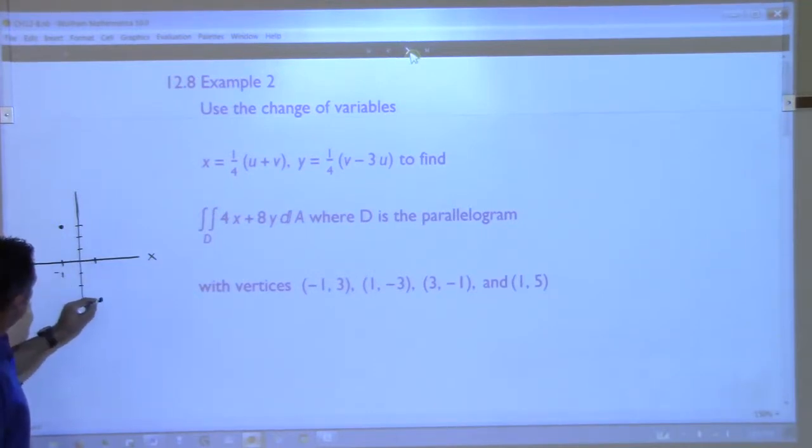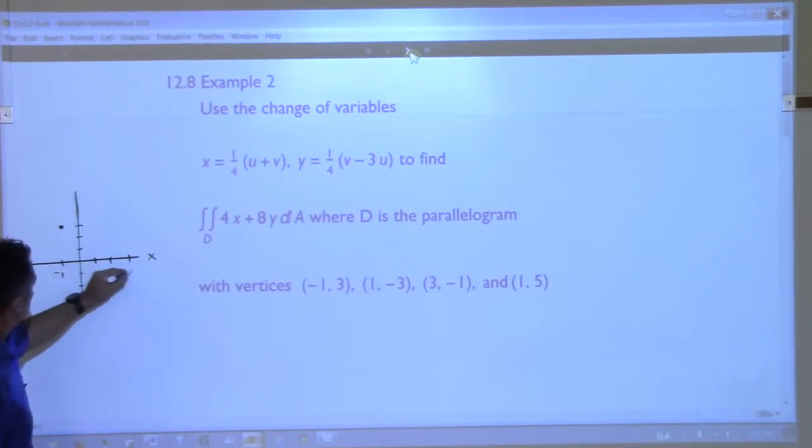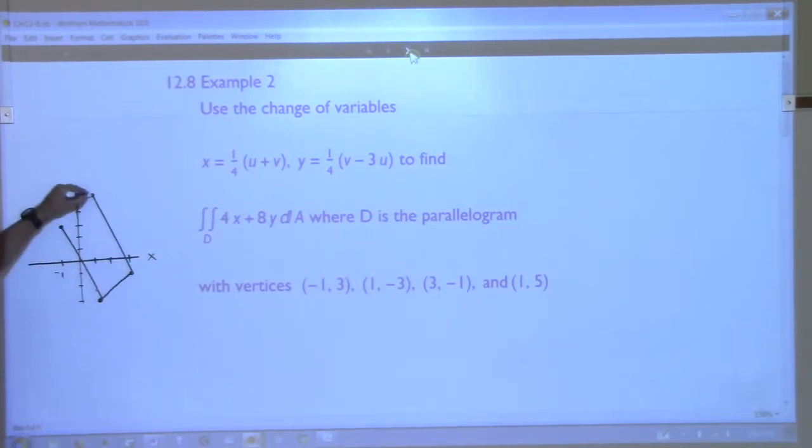That's this point. And then we have 3, -1, which is this point, and then we have 1, 5, which puts us right here. So if we were to connect these together with straight lines, this is D.